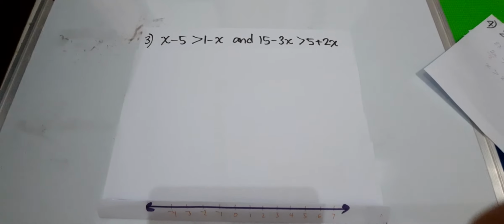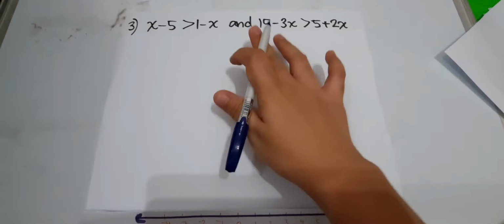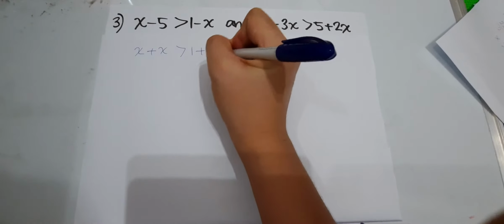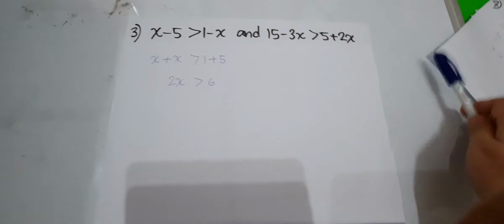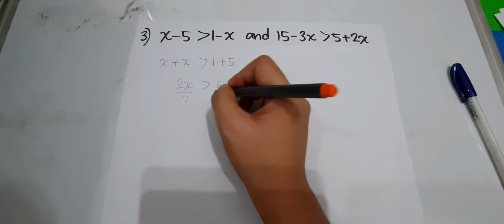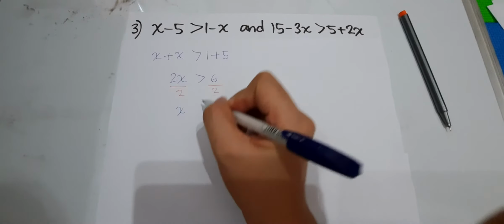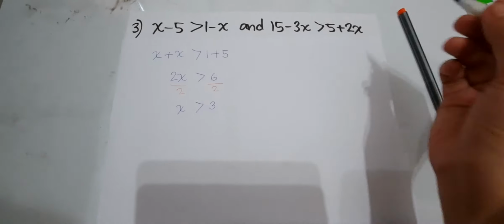In example number 3, we will solve them individually. So all x together, so you will get x on this side, and the numbers together. So this will be 2x greater than 6. And then we will divide both sides by 2 so that x will be remaining. So x will be greater than 3. No change, this is positive.